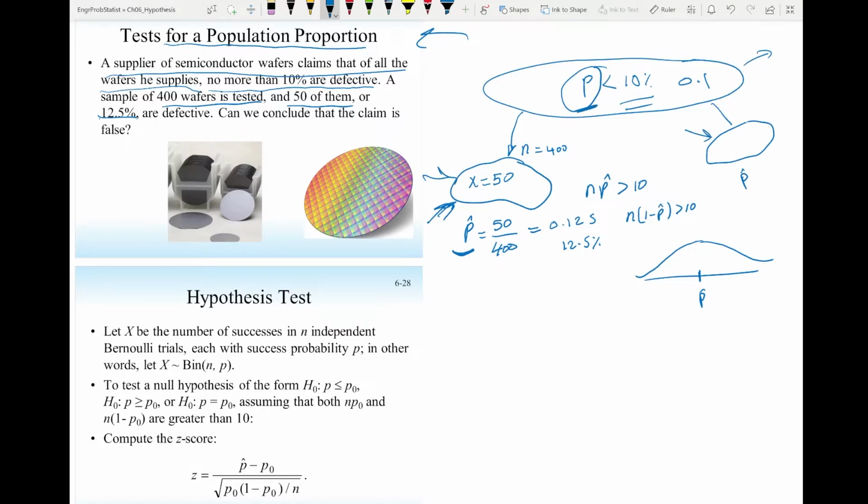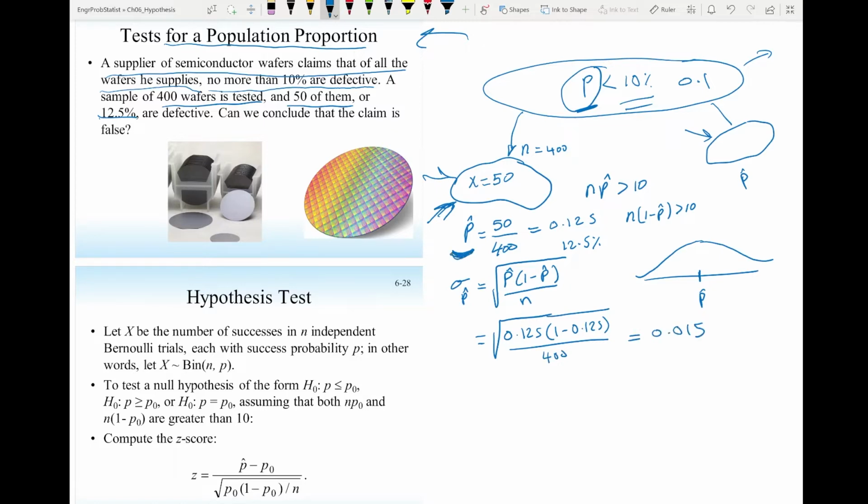And the standard deviation, sigma p hat, will be the square root of p(1 minus p) over n. If I plug in values to calculate this standard deviation, it will be the square root of 0.125 times (1 minus 0.125) divided by 400, and this will come to 0.015.